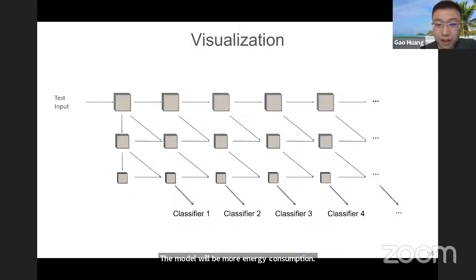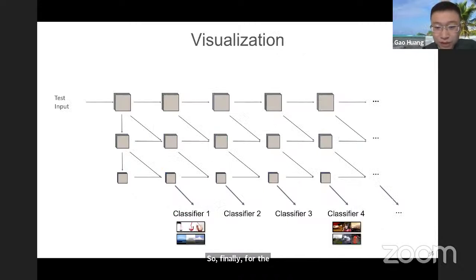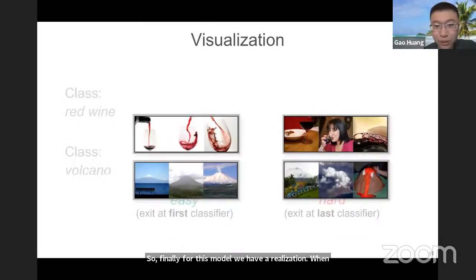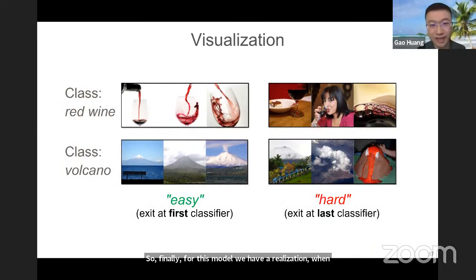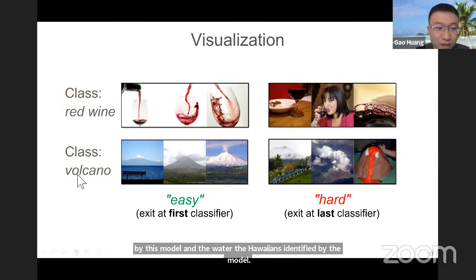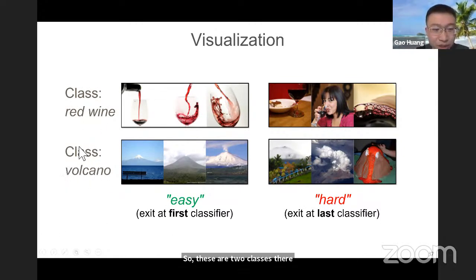Finally, for this model, we have a visualization. We want to see what are the easy images identified by this model, and what are the hard ones. These are two classes, the red one and the volcano, from ImageNet, and the pictures shown on the left are those exiting from the first classifier.